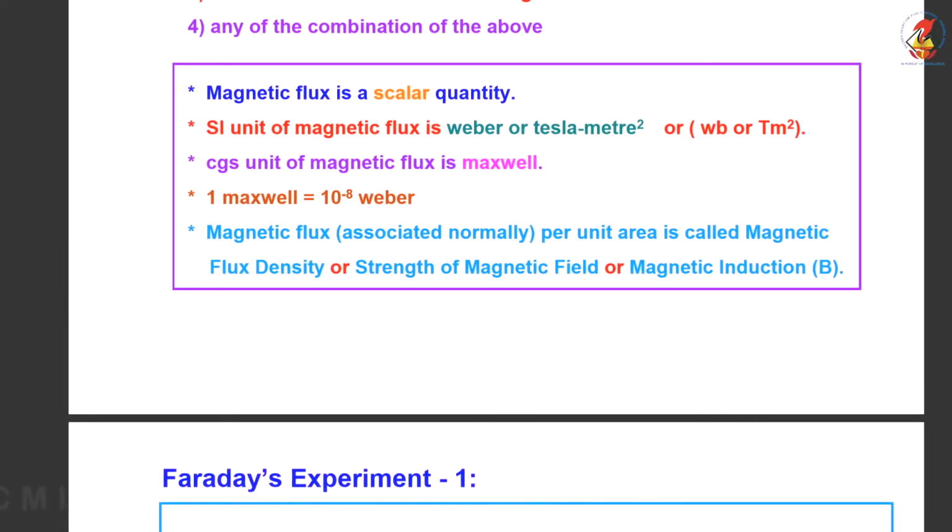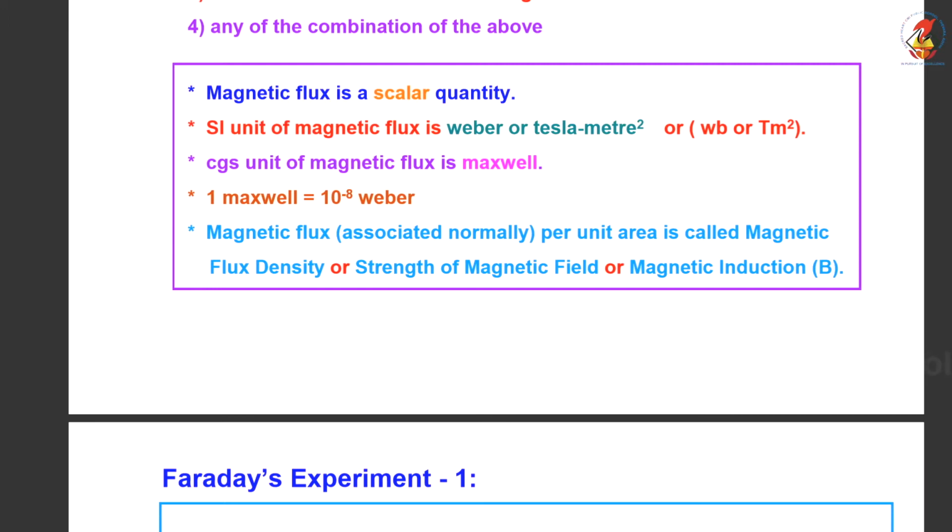Magnetic flux, as I told earlier, is a scalar quantity and the SI unit of flux is Weber, or we can write Tesla meter square. And the CGS unit of magnetic flux is Maxwell. 1 Maxwell is 10 raised to minus 8 Weber.